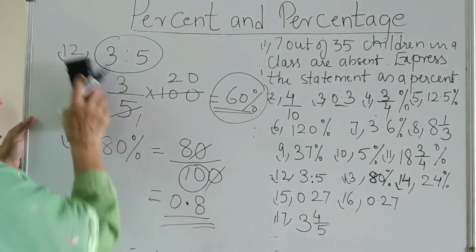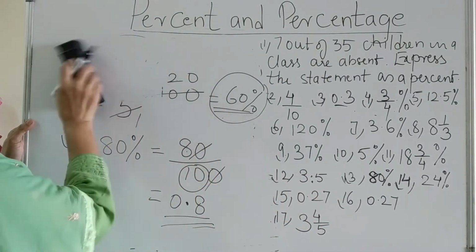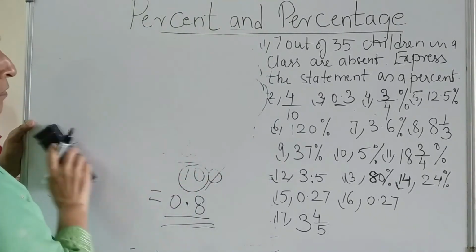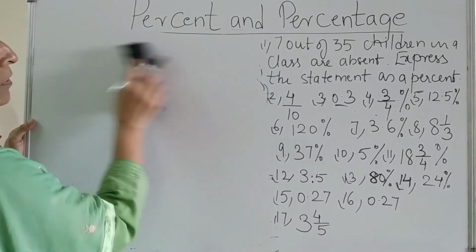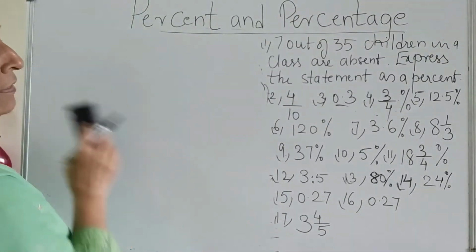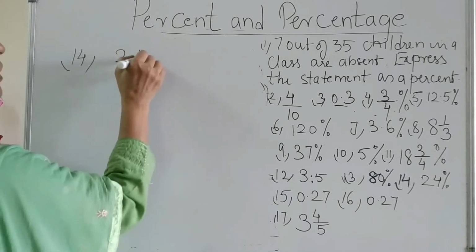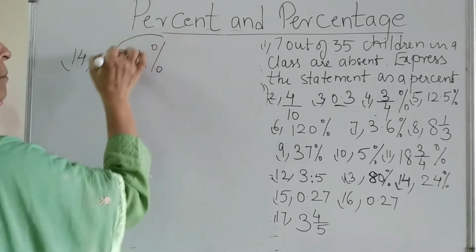Now next is the 13th sum, and 14. These are the examples which are given in your textbook. It is not from the exercise but from the examples. If you solve these examples, it will be easy for you to solve the exercise. Now 24%. This is again percent given.